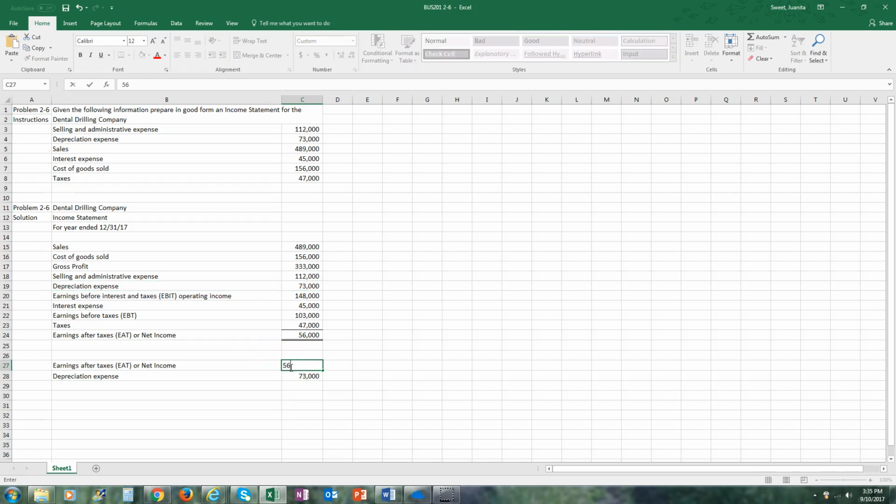So here was the $56,000 plus 73. Our cash flow is $129,000. So if we had been a cash basis operation, we would have reported an income of $129,000 and not an income of $56,000.